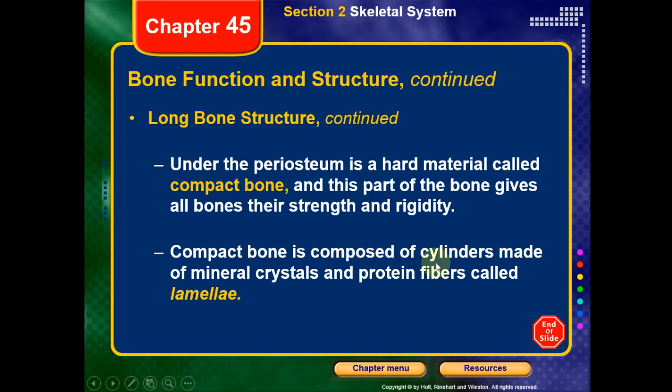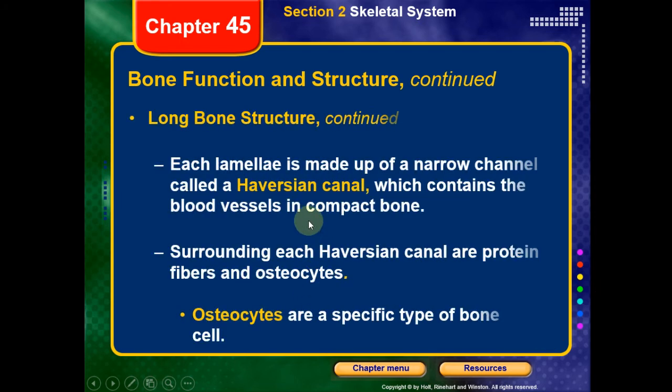This compact bone is composed of cylinders made up of mineral crystals and protein fibers called lamella. Each one of these lamella is made up of a narrow channel called the Haversian canal, which contains the blood vessels in compact bone.